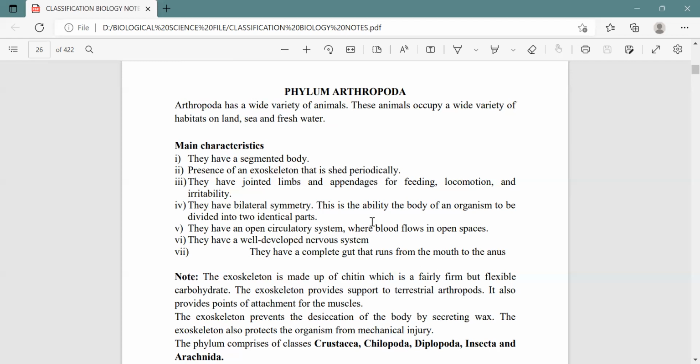Characteristics of arthropods like a segmented body, exoskeleton, which is shed periodically, the jointed limbs, jointed appendages, bilateral symmetry, open circulatory system, a well-developed nervous system, and a complete gut. All of those should be at your fingertips.